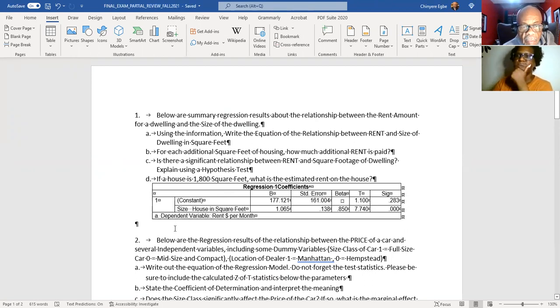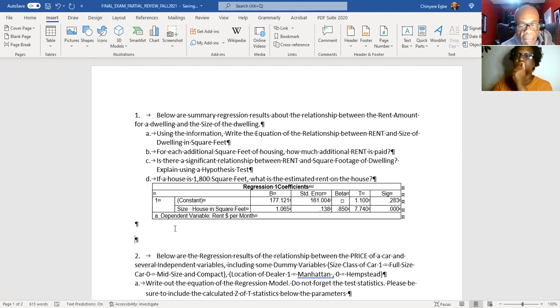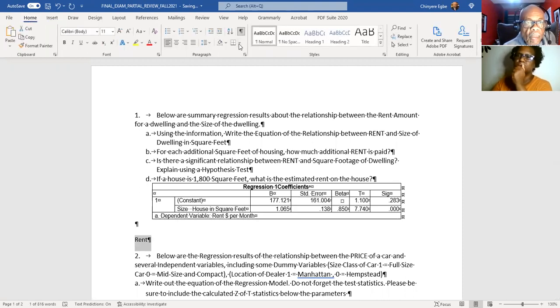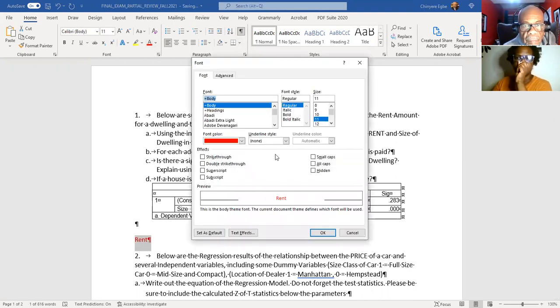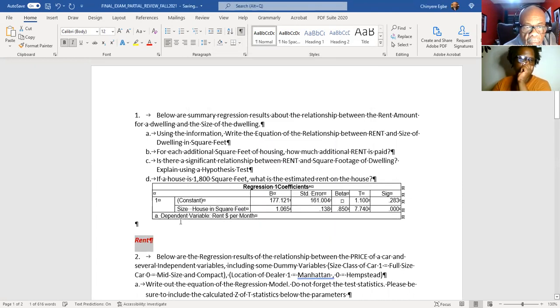And so here rent will be the, and I'm going to color that answer. So the dependent variable is rent, and as you can see, it is here: rent in dollars per month.